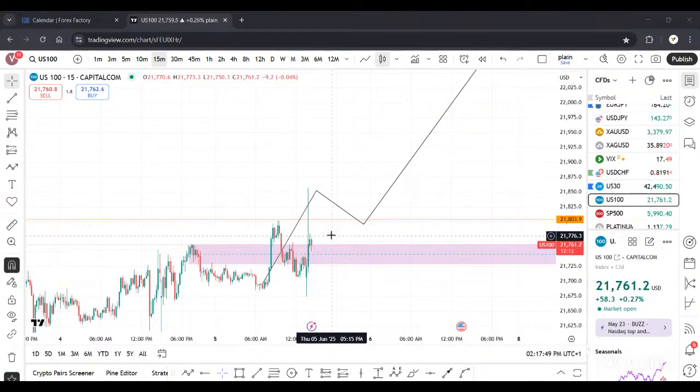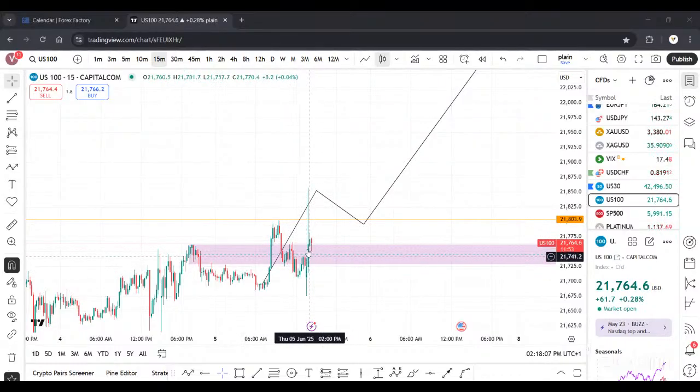All right, guys, I want to wrap this session up very quickly, because the trade I was looking for on US 30 already happened. However, a re-entry on US 100 won't be bad. Like I mentioned, you can see currently price is reacting up from this fair value gap, and I believe it's going to continue its movement, right?